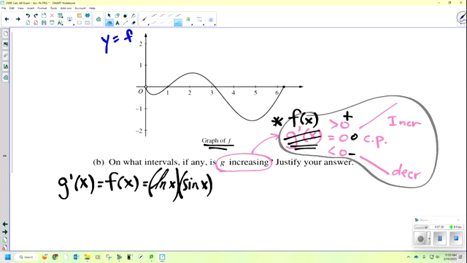So if I want to know when f's are positive, that's when y's are positive, anytime we are above the x-axis. That also means my f's are positive. The only time this graph is above the x-axis is from 1 to this point right here.